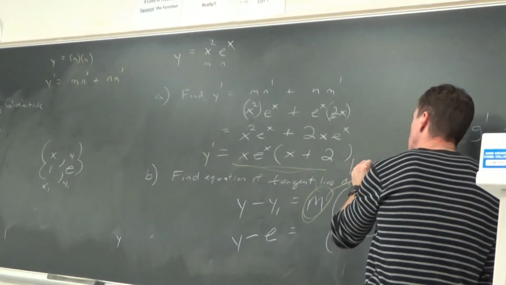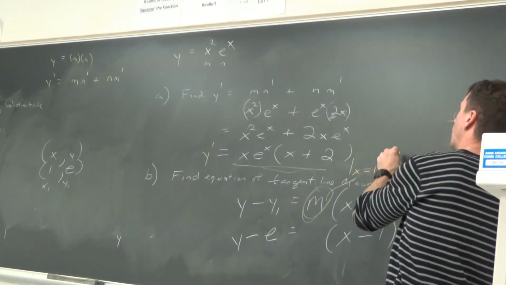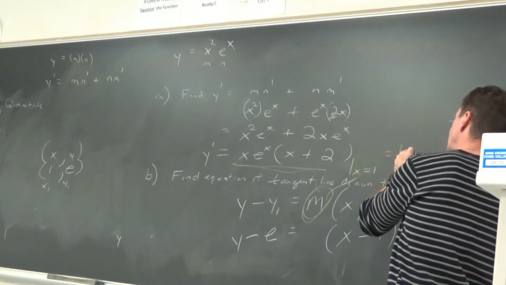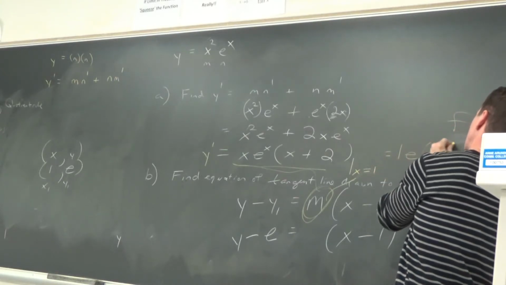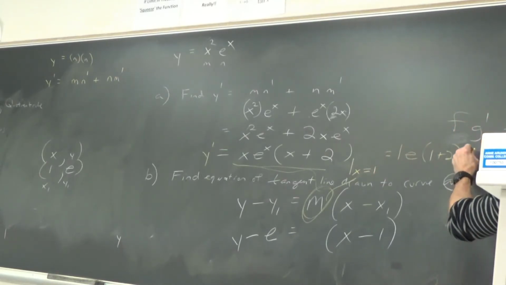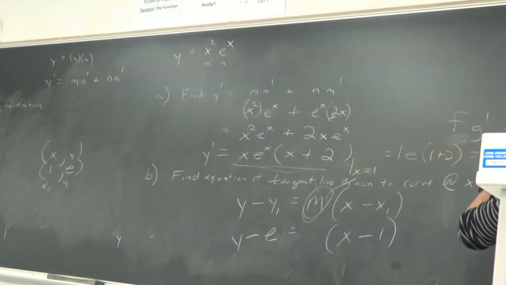x equals 1. Now what does this math turn into? 1 times e to the 1 times 1 plus 2. So what is that slope? 3. 1 times e times 1 plus 2, 1 times e times 3, 3e.